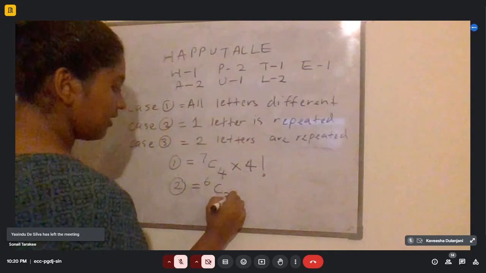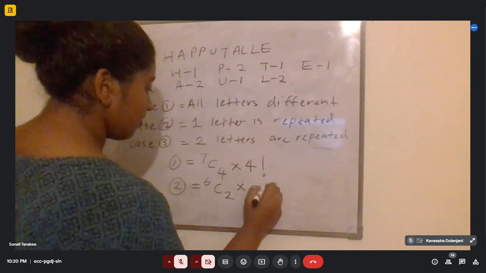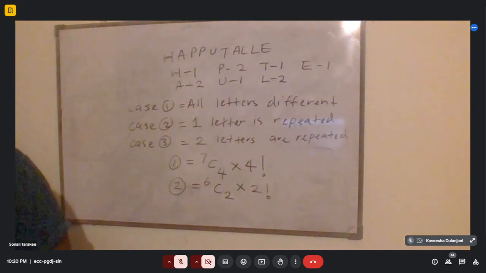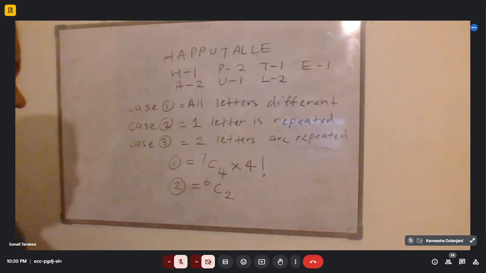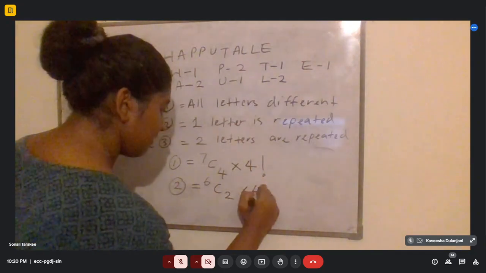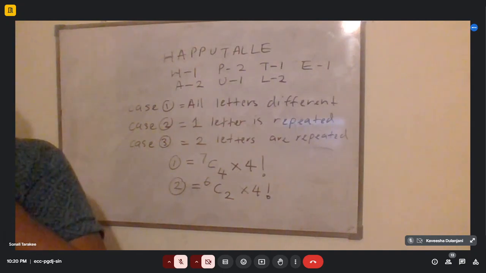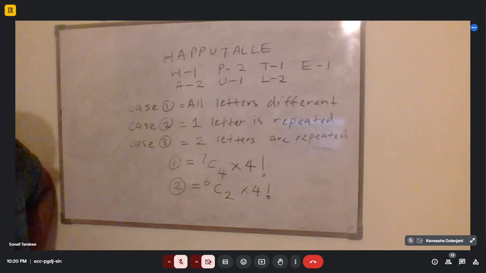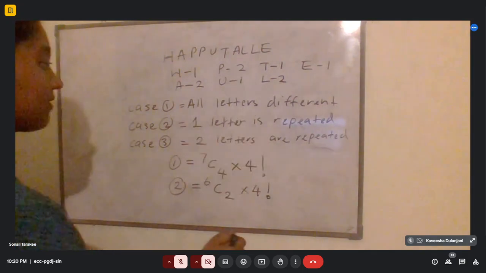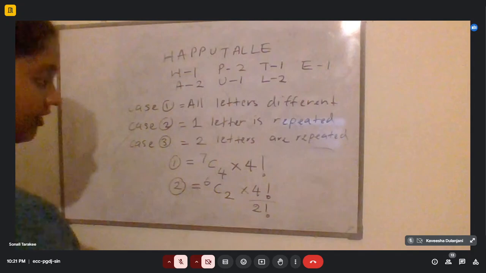So 6C2, sorry, 6C2 into 4 factorial. One letter is repeating, that means we have to divide by 2 factorial. When something is getting repeated, you have to divide by that number.